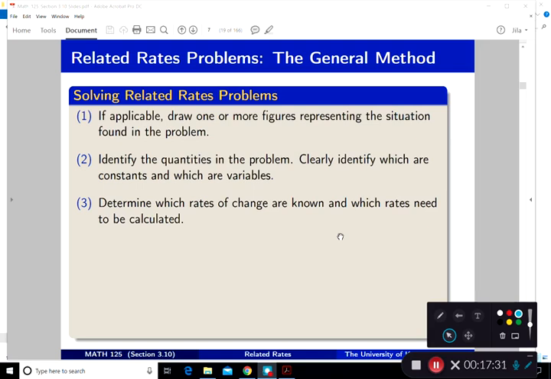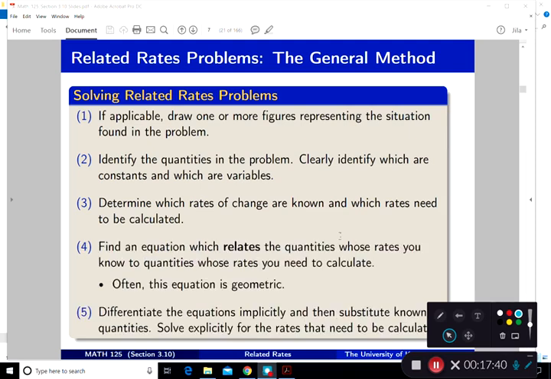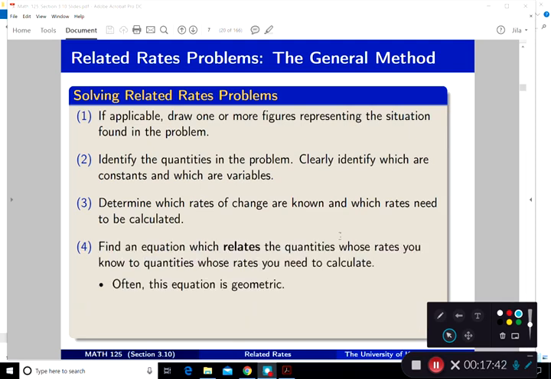The rates of change for length and width were given, but we were asking for the rate of change in perimeter and area. And then we want to find an equation which relates these quantities together.